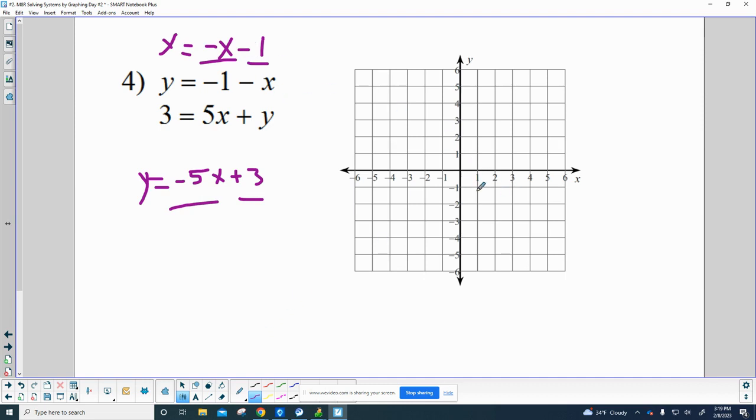So the first one, we start at -1 for our y-intercept, and the slope is a -1. So the first one's going to look something like this. And so it's going to go all the way up through both sides of our coordinate system, like that. Okay, the second one has a y-intercept of 3, so up to 1, 2, 3, and a slope of -5, so down 1, 2, 3, 4, 5 over 1.